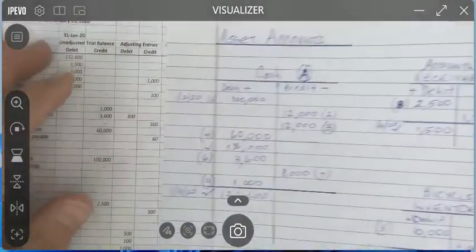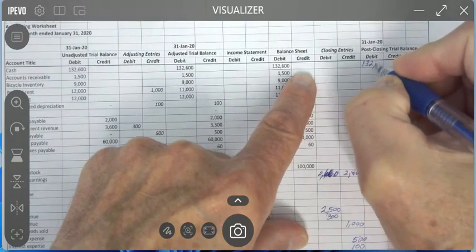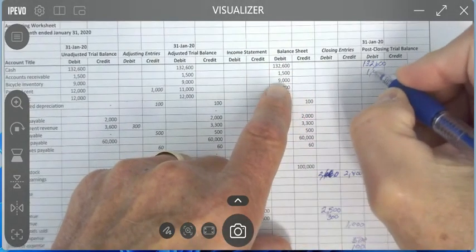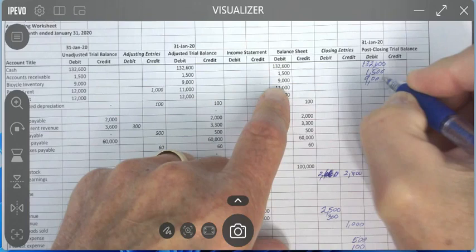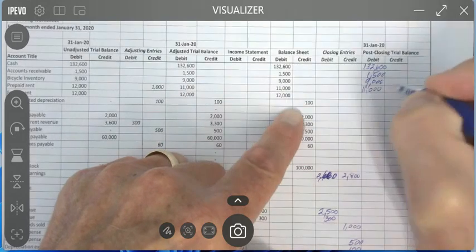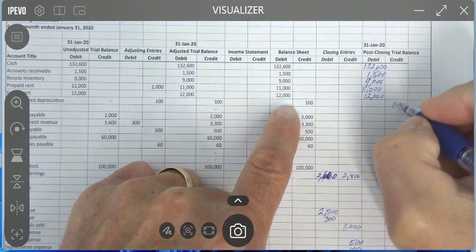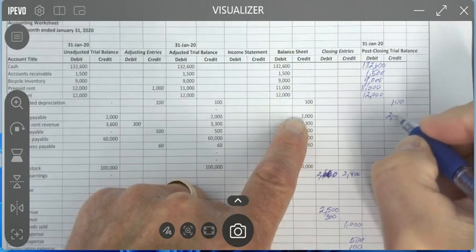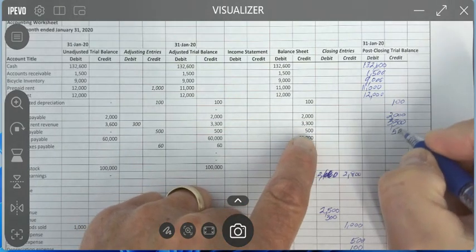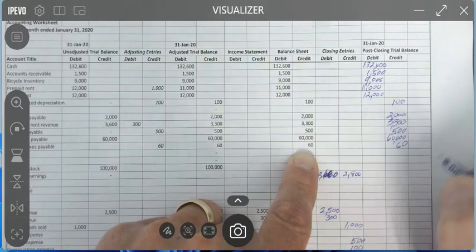Here's the general ledger cash account, and indeed, it's going to be $132,600, $1,500, $9,000 for bicycle inventory, $11,000, $12,000 for the equipment, $100 for accumulated depreciation, $2,000, $3,300 for unearned rent, $500 for interest payable, banknote payable $60,000, income taxes payable $60,000.